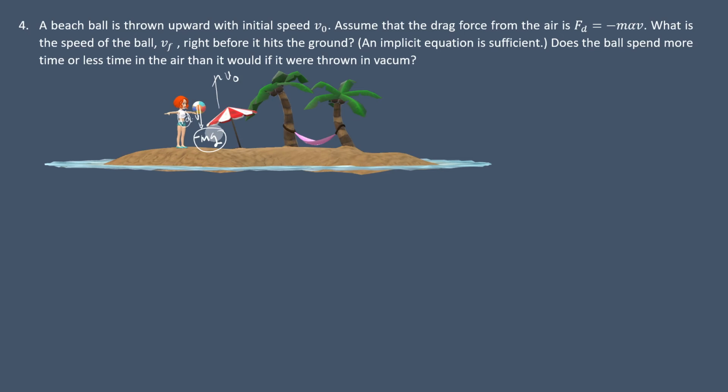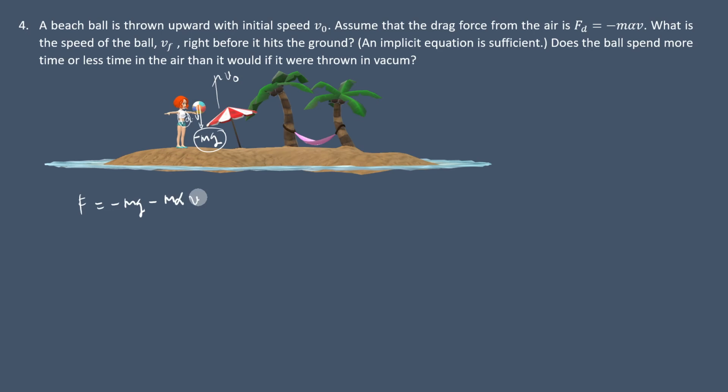The total force on the ball is F equals minus mg minus m alpha v. That m alpha v is Fd, the drag force from the air. On the way up, v is positive, so the drag force points downward as it should. And on the way down, v is negative, so the drag force points upward.